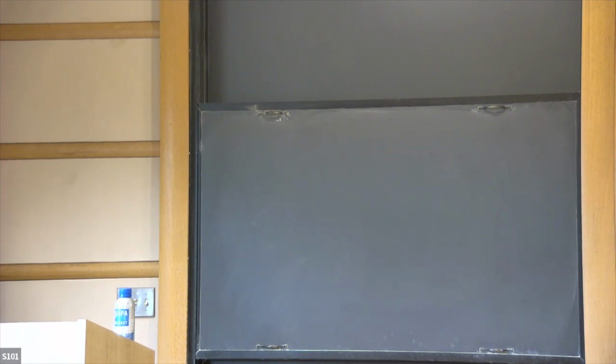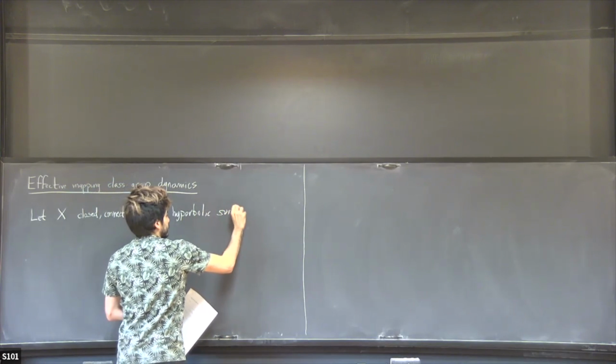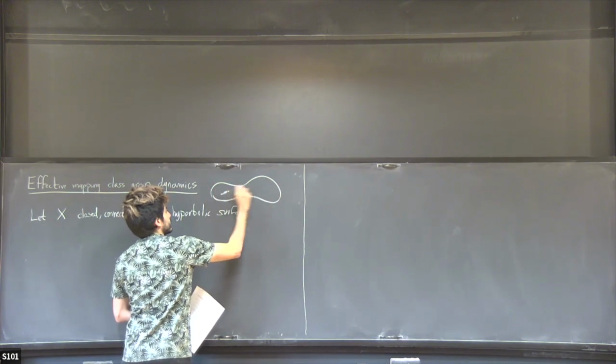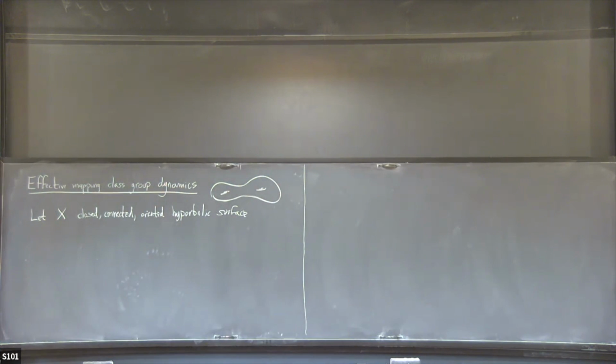X is going to be a closed, connected, oriented hyperbolic surface. Say this is your surface, and on this surface we're going to be interested in being able to count the number of closed geodesics it has.